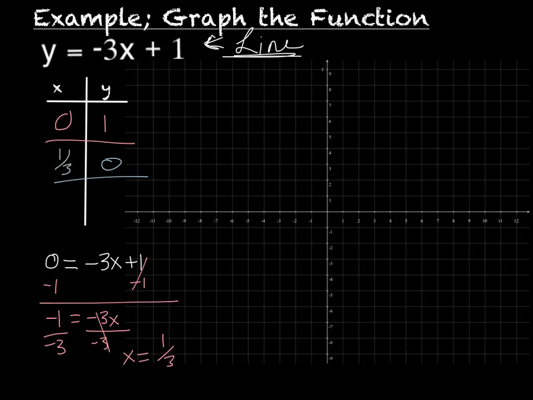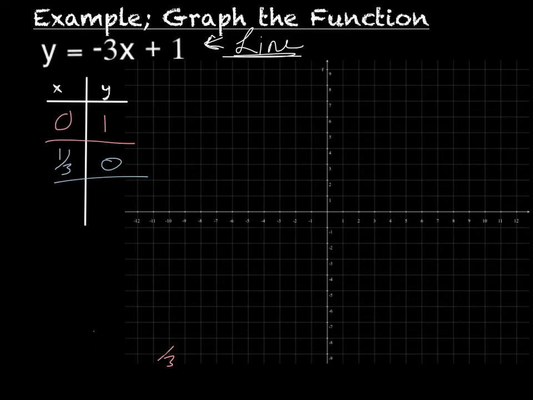So when I'm graphing this, I have the point (0, 1), so that would be right there, and I have the point (1/3, 0). So (1/3, 0) would be about right there.